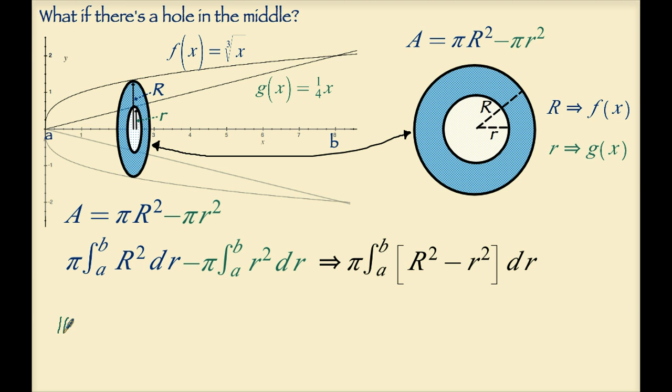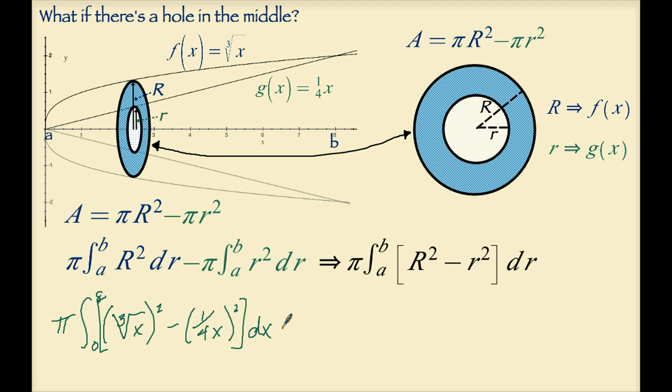We'll have pi on the outside, and we'll be integrating from 0 to 8 on the x-axis, the outer curve, cube root of x, quantity squared, minus the inner curve, 1/4 x, quantity squared, and of course we'll be integrating with respect to x. Let's simplify the integrand. We'll have pi on the outside.